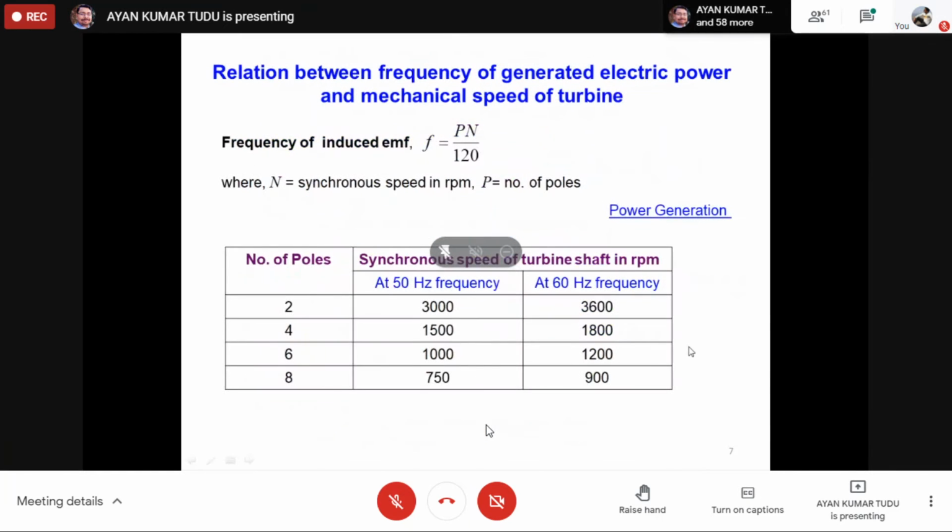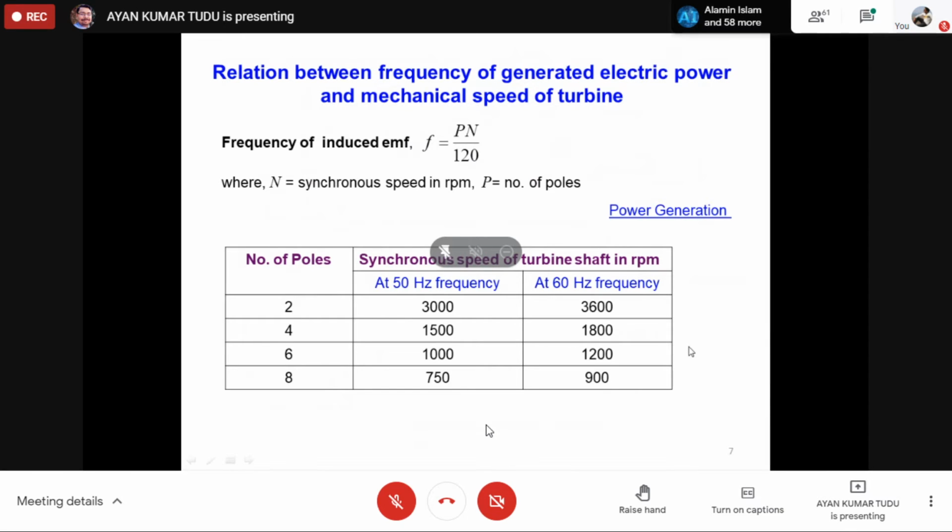We also know the relationship between the frequency of the generator electric power and the mechanical speed of the turbine. The frequency of the induced EMF is f equal to Pn by 120, where P is the number of poles and n is the synchronous speed in RPM.